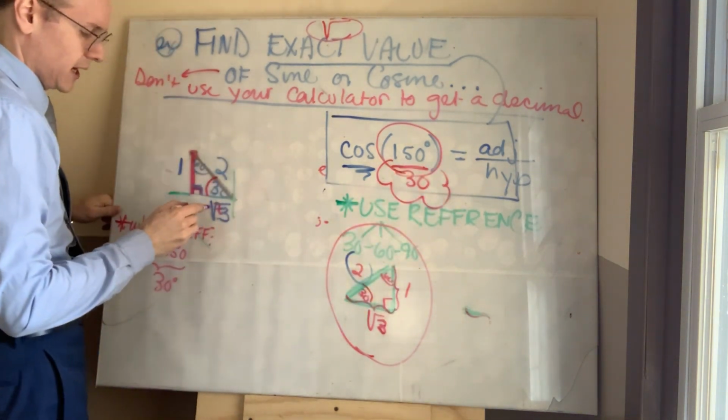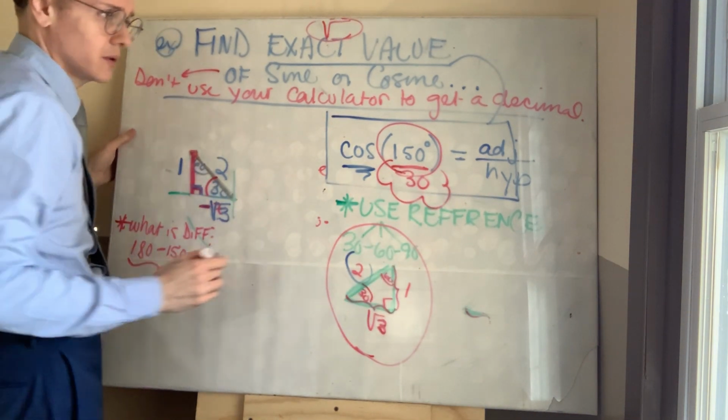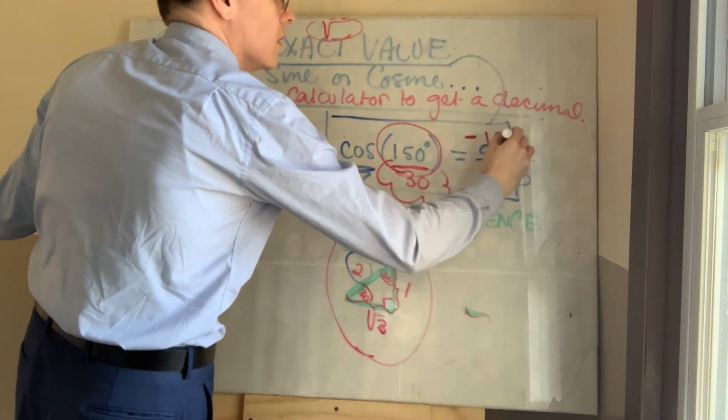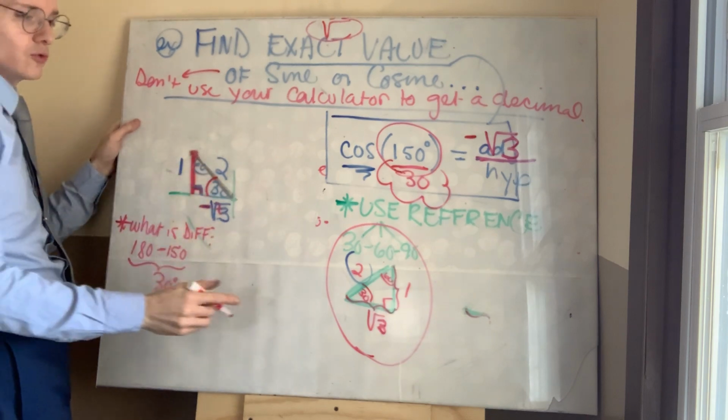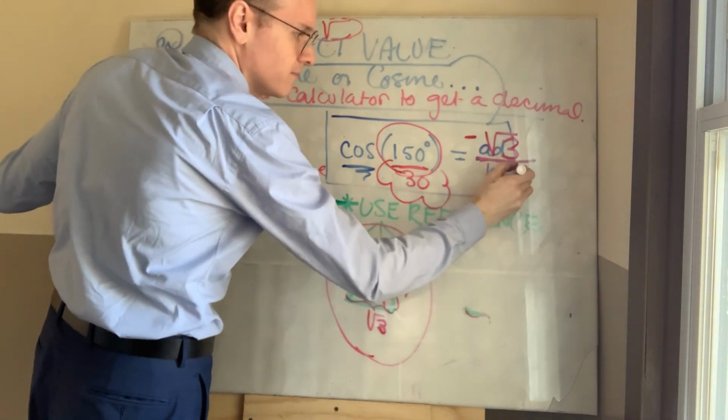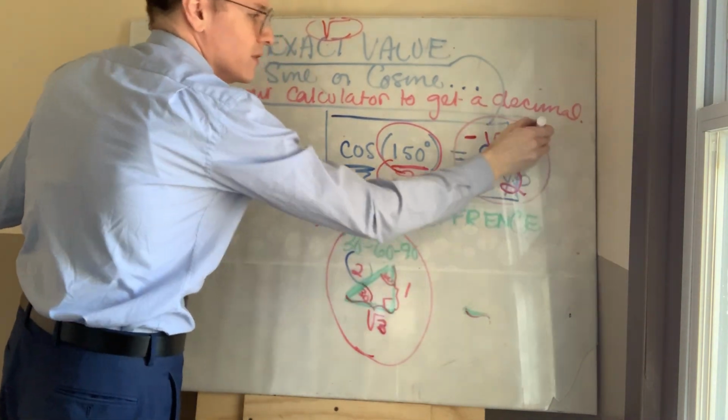Negative square root of 3, up here, sitting on top of a hypotenuse of 2. That would be the value.